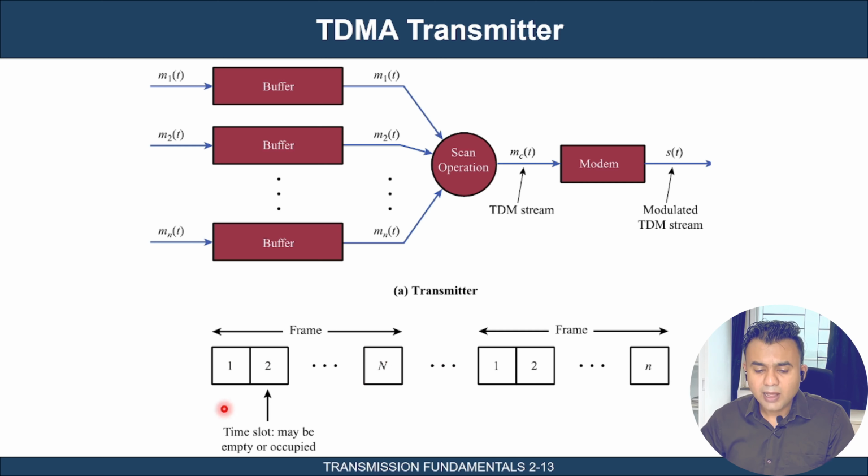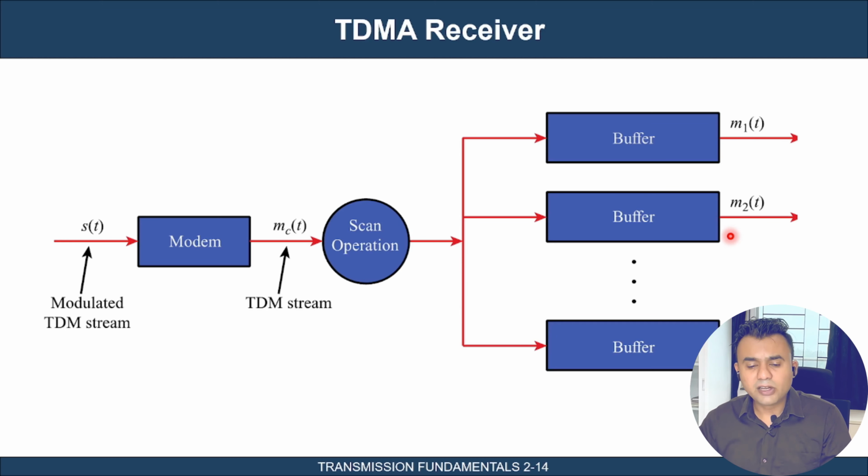So we frame their traffic in the slots, and this is my frame structure, or you can call it a TDM stream, and put it on the channel for transmission. At the receiver side, the TDM stream, which is modulated, would be received, and at the end, again, there will be a scan operation across different time slots, and during those time slots, the respective mobile station will decode the traffic.